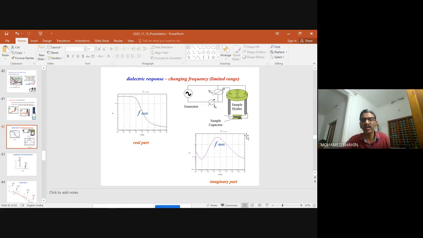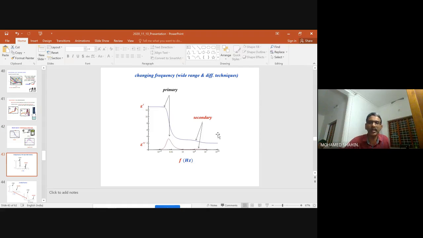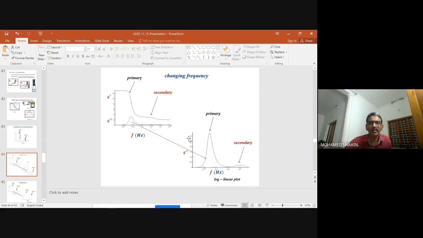These are all our interest, and we have found that the response is something like this. Again, the real part has this response. In the imaginary part, you are not able to see anything here clearly. So you magnify that separately, and you will see one process, a second process.